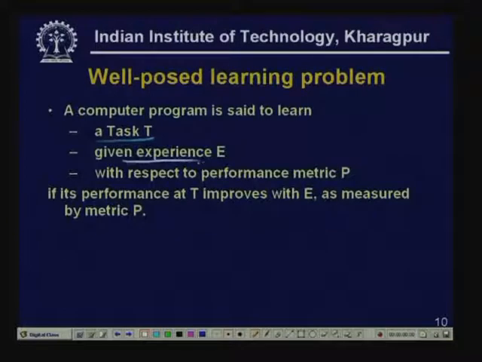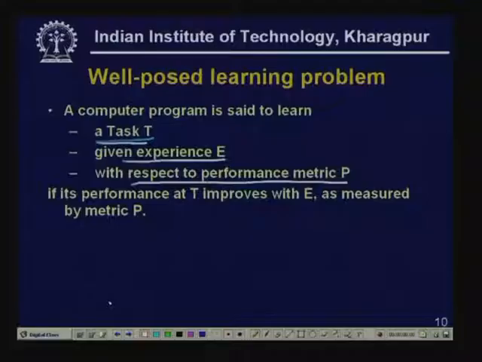The system is given some data which is the experience E, and the system is learning to improve its performance in task T with respect to a performance metric P. That is, the system's performance in the task T improves with experience E as measured by the performance metric P. So, this is the definition of learning which we will accept, and on this basis we will carry on our further studies.